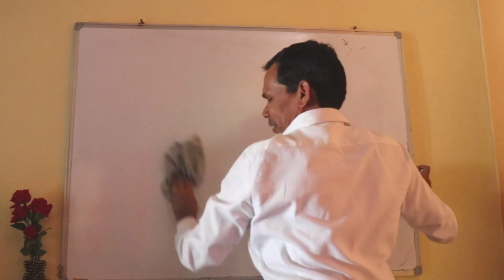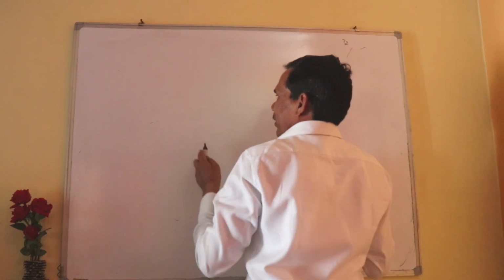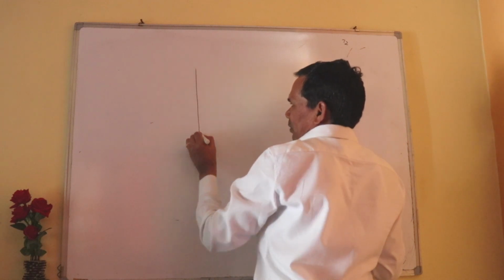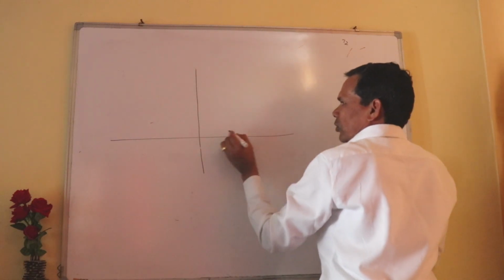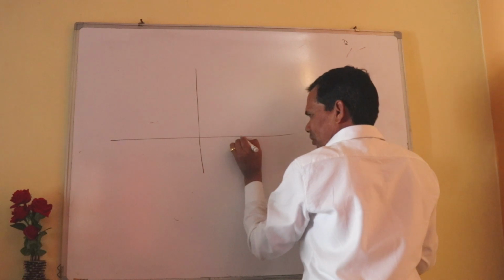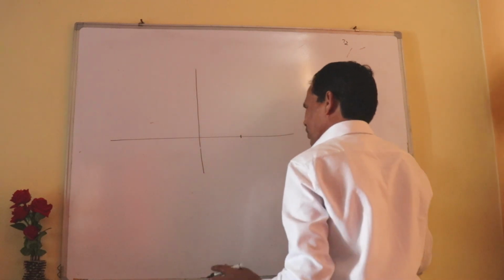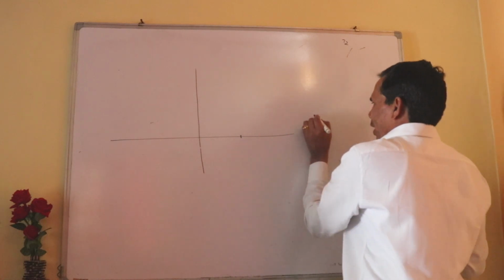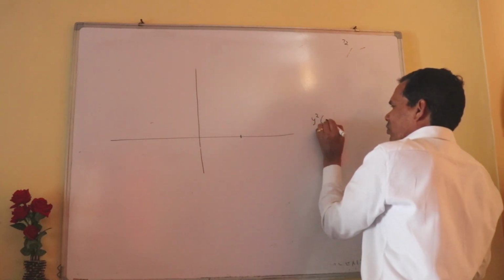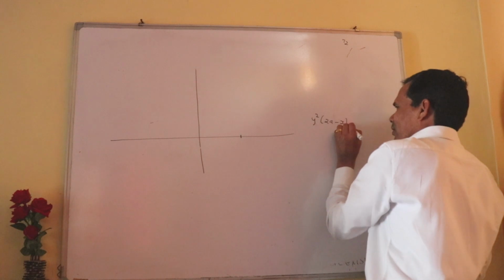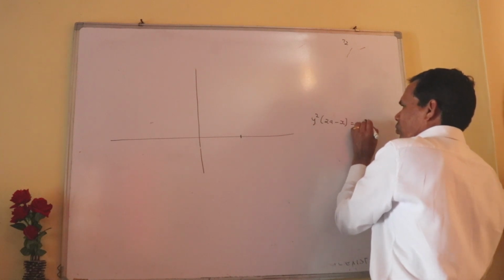So that we draw here. The shape of the curve is something like this. Here is the tangent. This is the point (2a, 0), found by putting x is equal to 0 in y square (2a minus x) is equal to x cube.